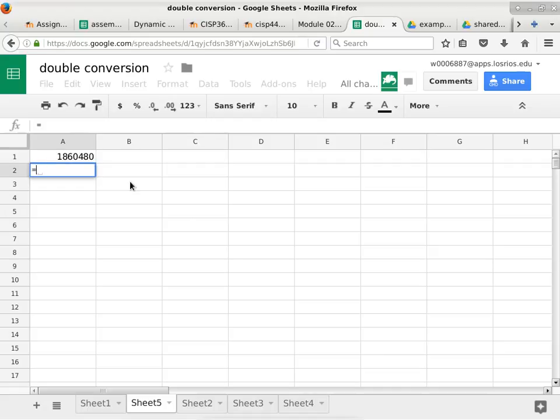I'm going to do it step by step. The first is to figure out the permutation of 365 choosing 40, which is a pretty darn big number. The other is 365 to the power of 40, which is also a pretty big number. Now the question is, what is the ratio between these two numbers?